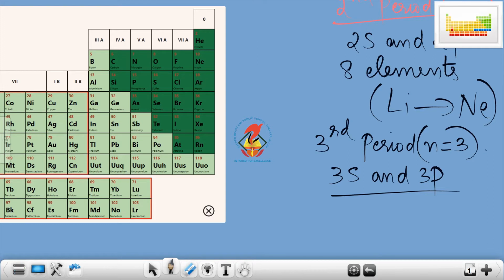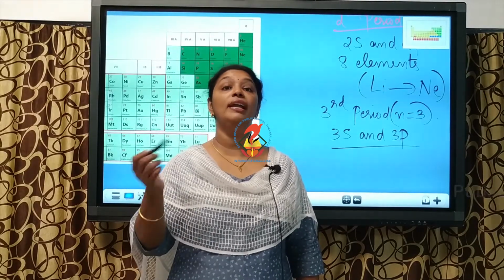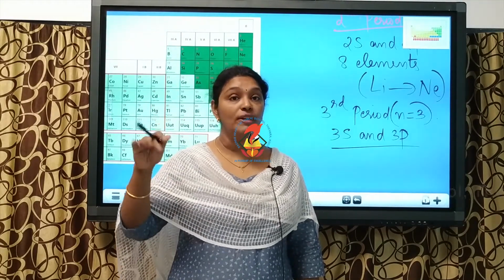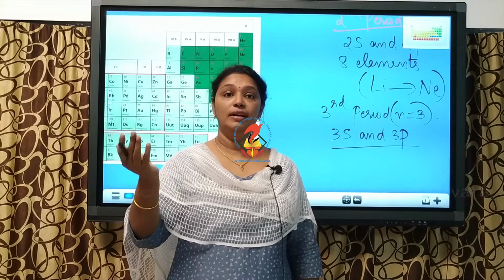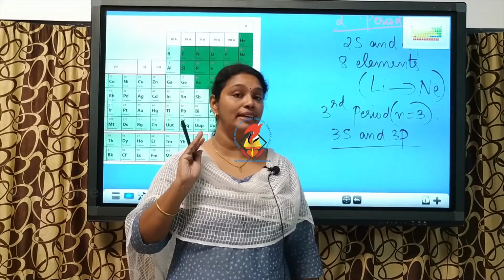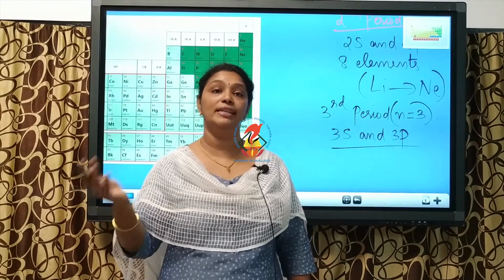Now why is 3d not filled after 3p? Because when we arrange the orbitals in increasing order of their energy, 3d comes only after the filling of 4s, or we can say 3d is of higher energy level than 4s. So after 3p it is the 4s orbital that gets filled. Only after the 4s orbital gets filled, the 3d orbitals fill.